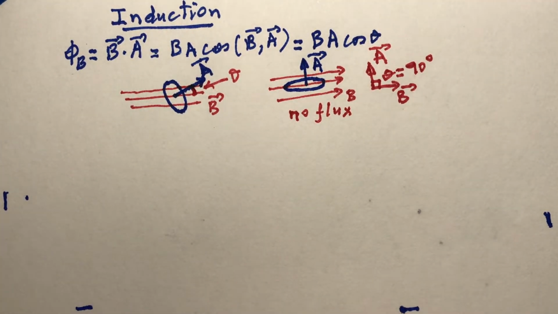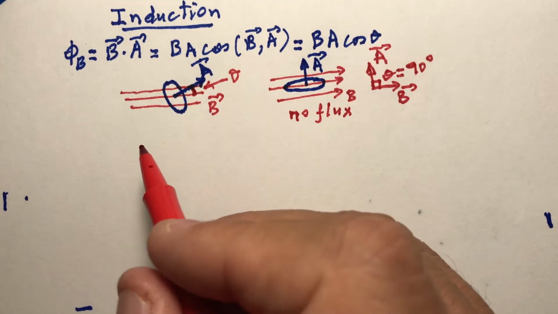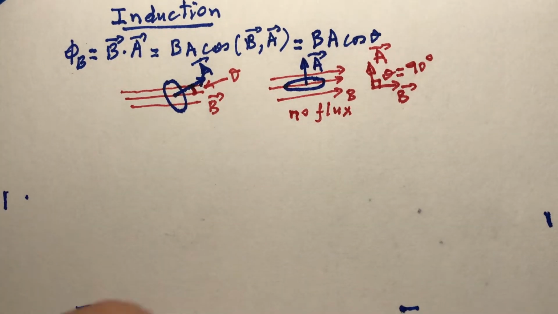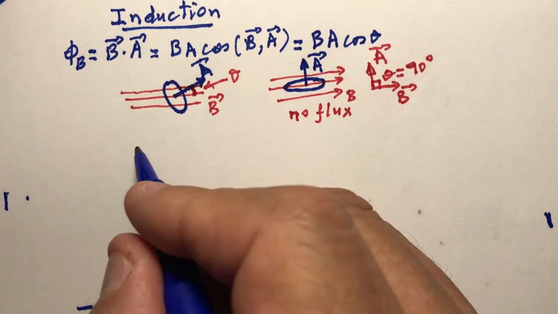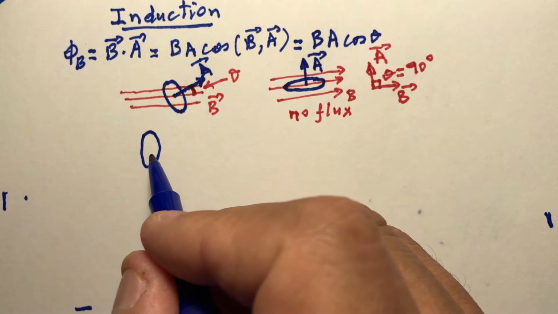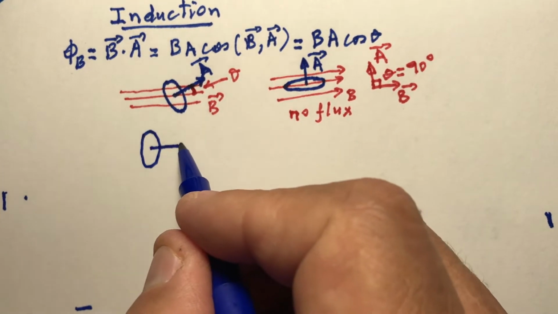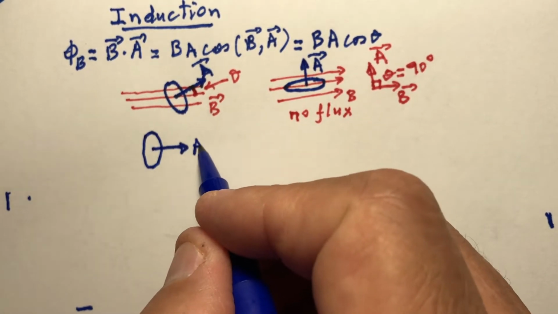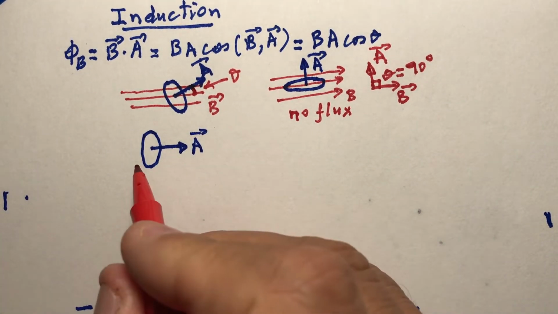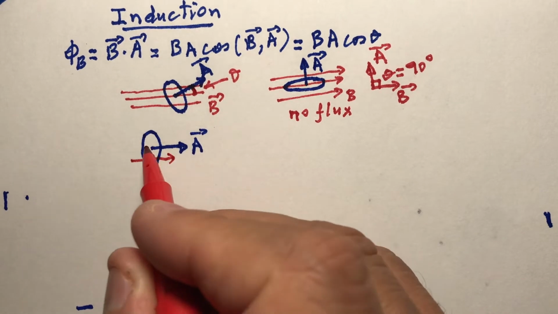And if this opening was vertical, like this, the vector area would be pointing like that. And the B field is going like this. Here is the B field.